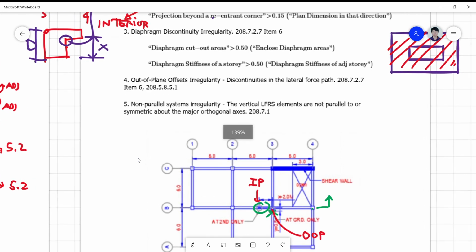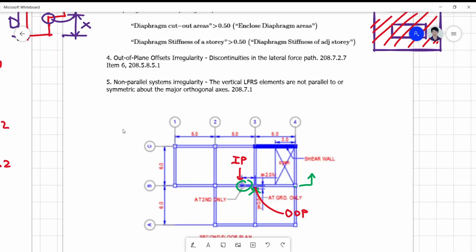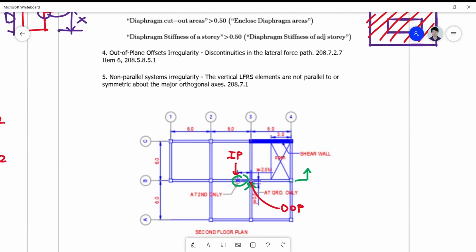So non-parallel system irregularity is measured when your vertical LFRS elements are not parallel to or symmetric about the major orthogonal axis. Okay? So when does this non-parallel system irregularity happen? Usually on the lot area, wherein the lot area is not, let's say your lot area is not orthogonal or 90 degrees.